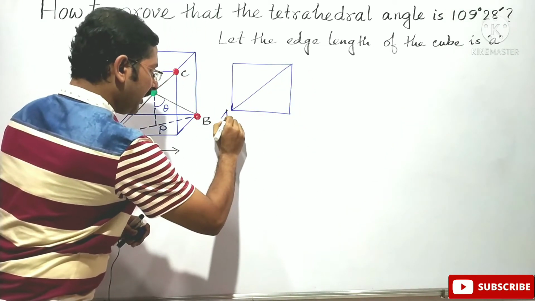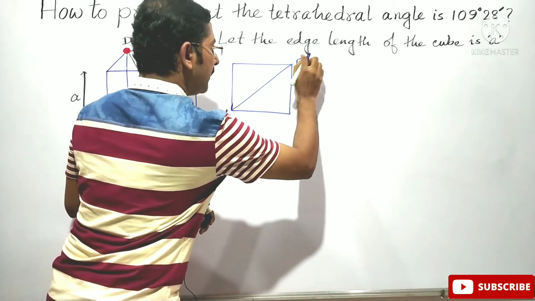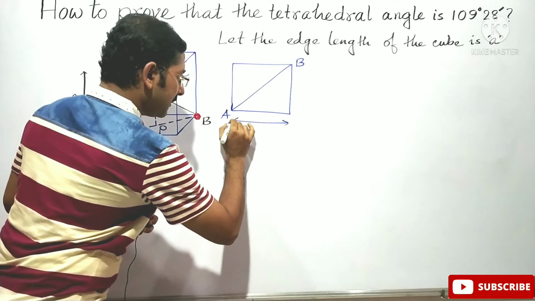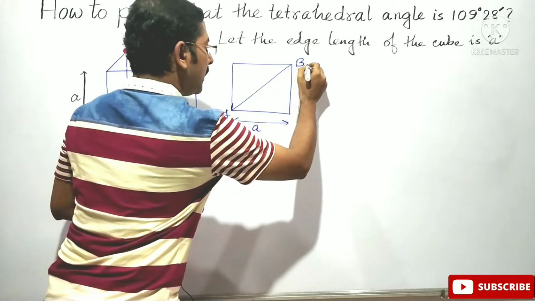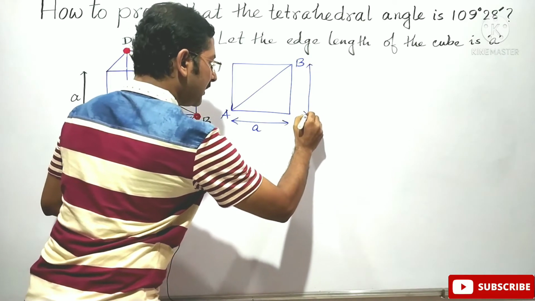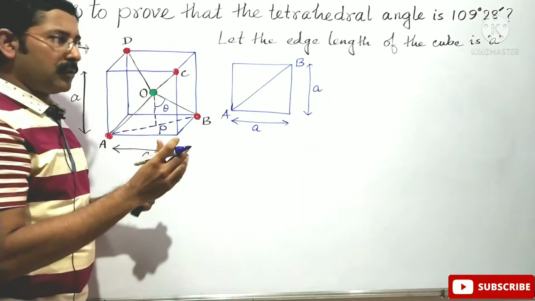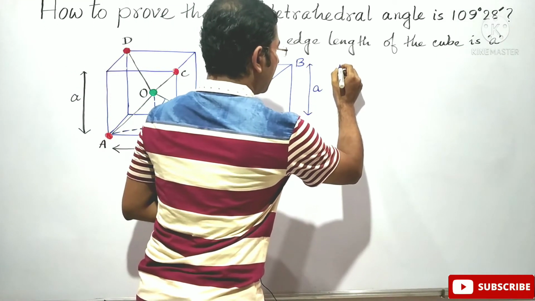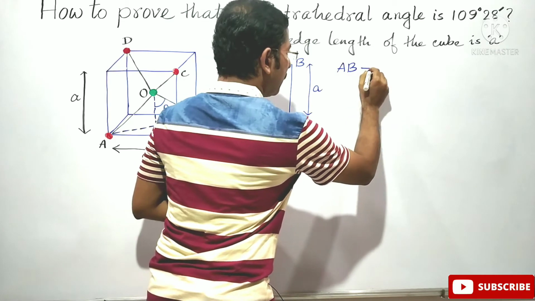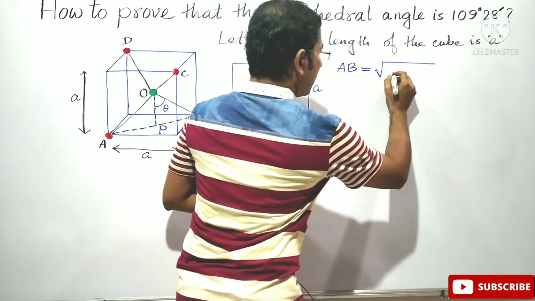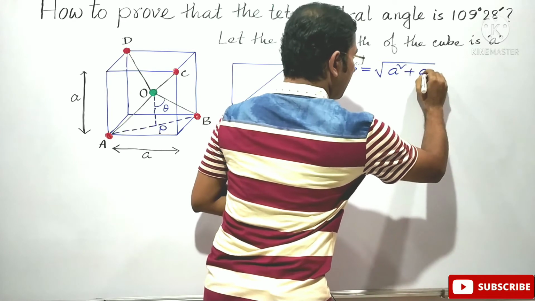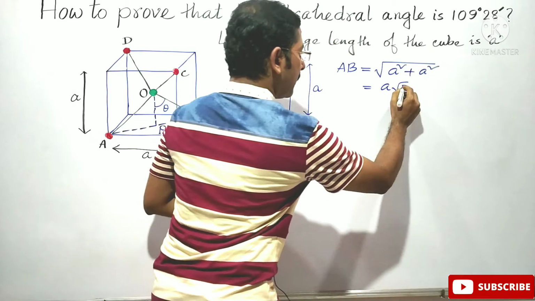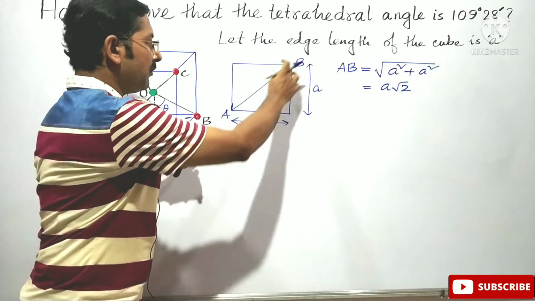So this is your point A, this is your point B, and this edge length is A, and this edge length is A. So of course from a simple Pythagoras theorem we can write AB length equal to root under A square plus A square. It is nothing but A root 2. This is the length of this face diagonal.